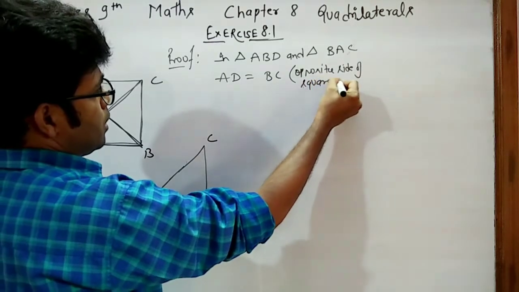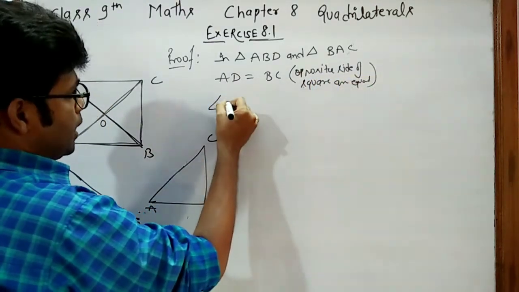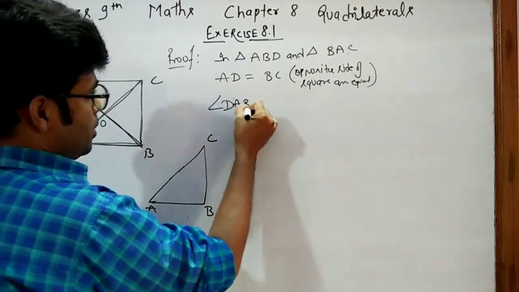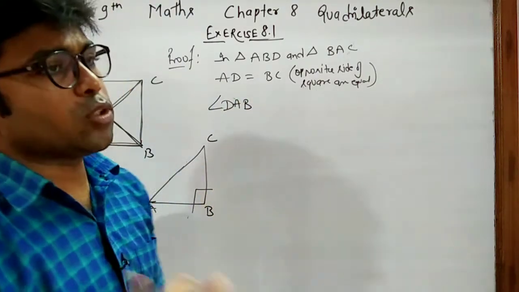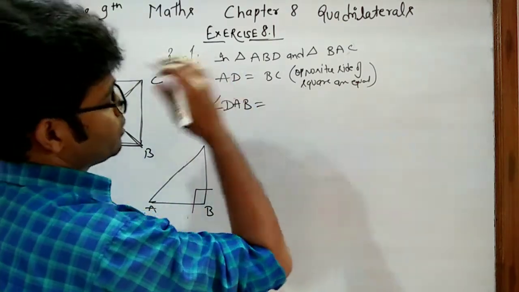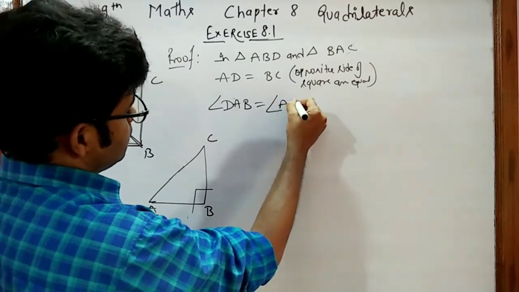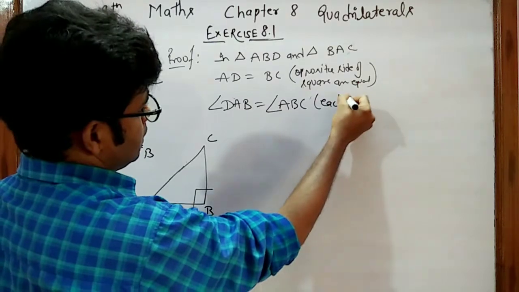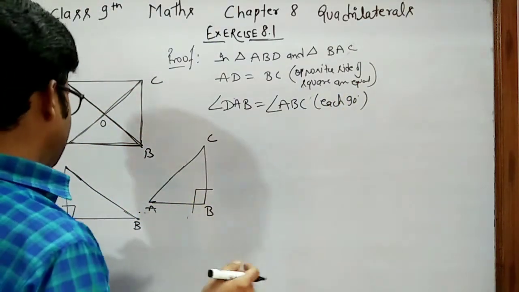Angle DAB is 90 degrees, because each angle of a square is 90 degrees.